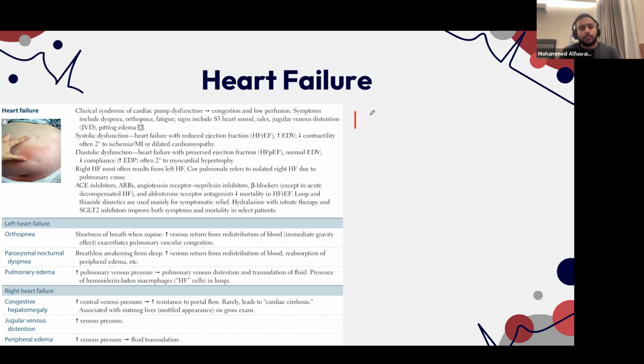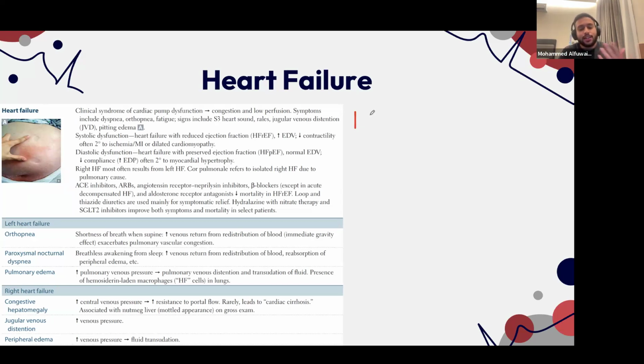The other mechanism is, in heart failure you have edema everywhere because of volume overload. So what can you do to counter volume overload? Diuretics. In acute decompensated heart failure, the drug of choice is loop diuretics.